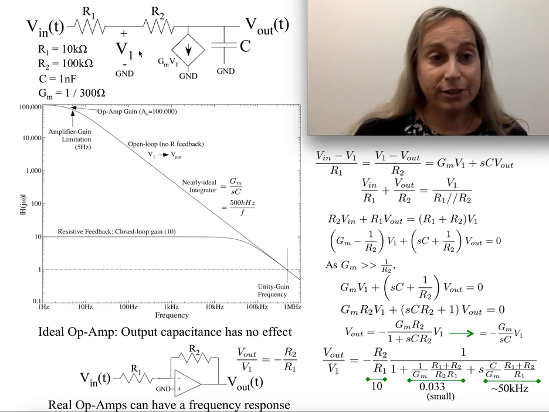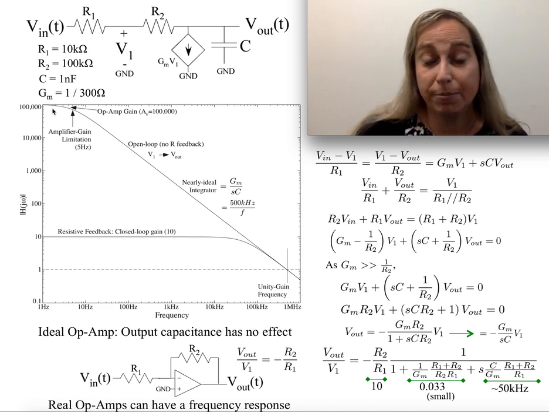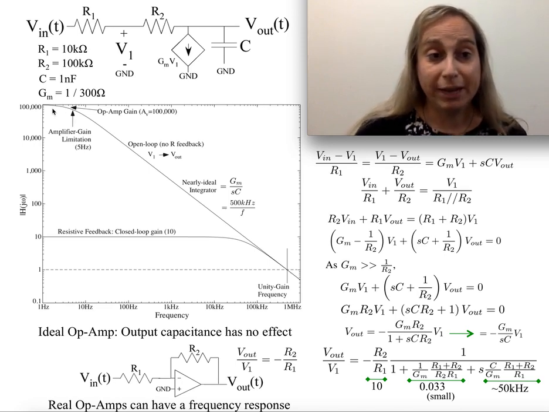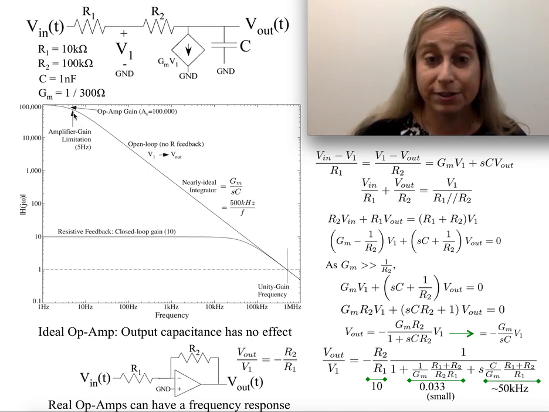And in fact, if you look at the response from V1 to V out in an ideal case, what you find is that because it's an integration, there's going to be a maximum gain at some point, an upper gain level, which might be 100,000, but there's going to be a corner frequency of around 5 hertz.